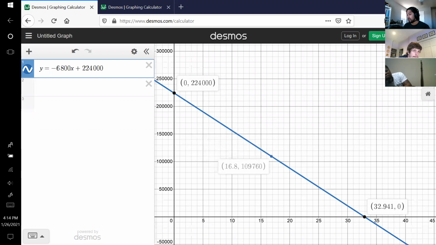At about 23, we were at 70,000. So something like that, wherever that's at. 20. That's way past. Oh no, I'm going the wrong way. There we go. There you go. Somewhere around there. 23 years, 70,000 bucks for that boat. Okay, but Desmos helps. You see how I made the restrictions, I made the graph, and that helps you match up to whatever you have to pick in my math lab.